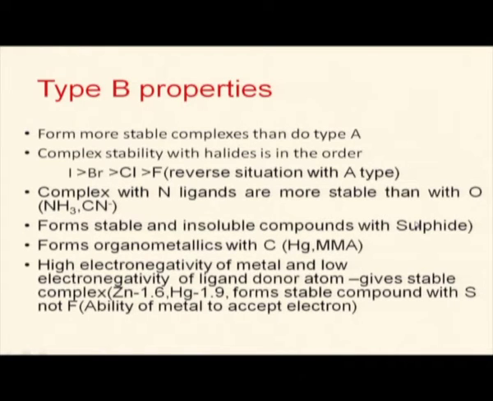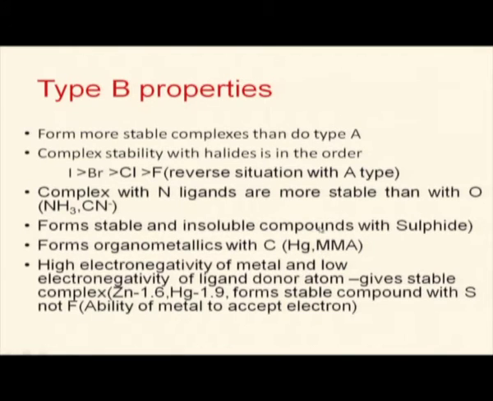For example, mercury sulphide and cadmium sulphide are precipitated as insoluble sulphides. Another special property of these type B metals is that they form organometallic compounds, that is, organic carbon-containing compounds. For example, mercury forms monomethyl mercury and dimethyl mercury.